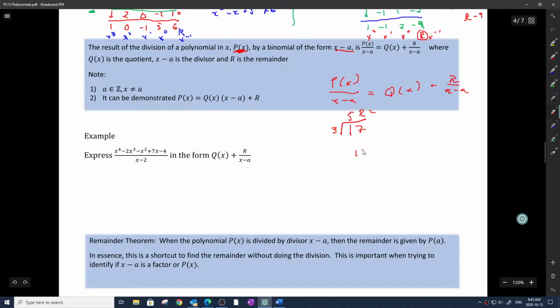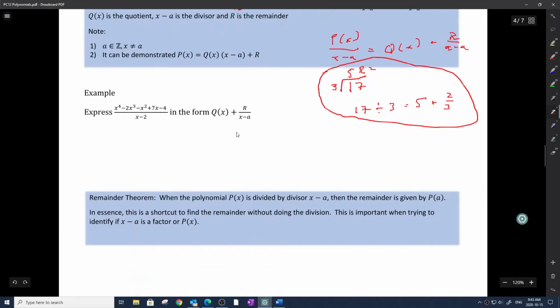So in other words, 17, that'd be my dividend, divided by 3 is equal to my quotient, which is 5, plus 2 over 3, my remainder over my divisor. Remember, we're just dividing after all, except everything gets a lot crazier in terms of division of polynomials. It just looks nastier.